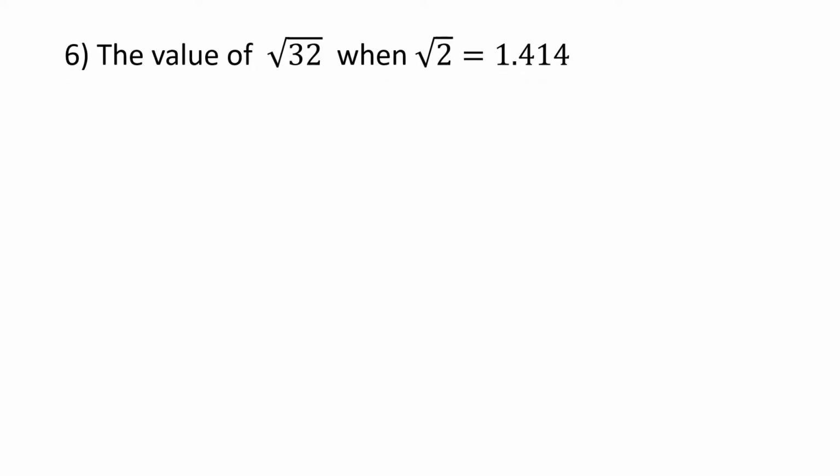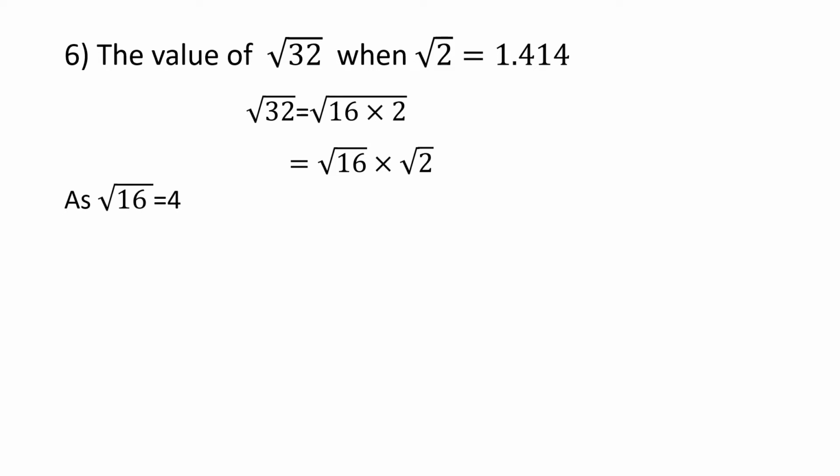Now the question 6. The value of square root of 32 when square root of 2 is 1.414. 32 is equal to 16 multiplied by 2. So you can write square root of 32 as square root of 16 multiplied by 2. You can separate it into 2 and write as square root of 16 multiplied by square root of 2. You know, the square root of 16 is equal to 4.